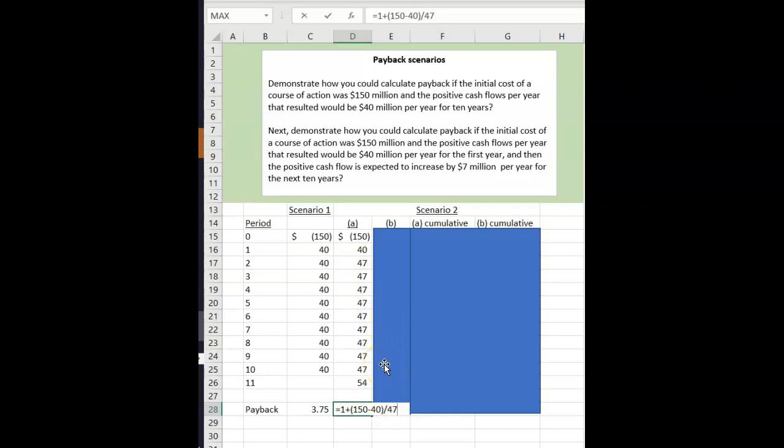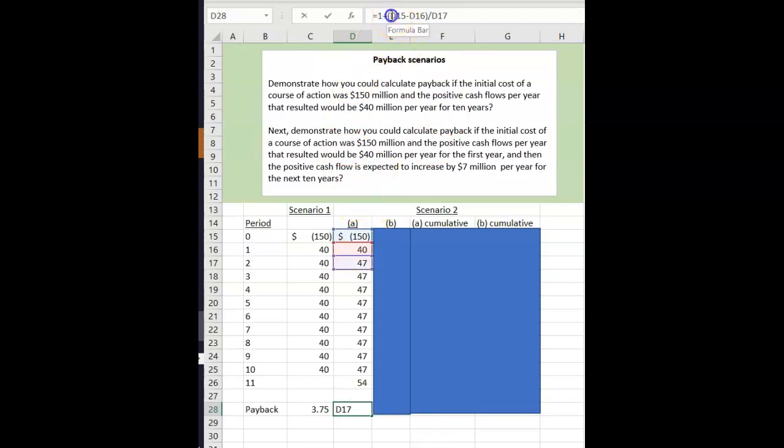Now, if you wanted to type that out using the cell references, you would type equal 1, plus, in parentheses, cell D15 minus cell D16, and then we divide that by the next constant amount, 47. Okay, now it came out a little bit different.